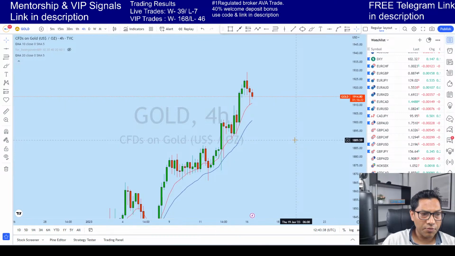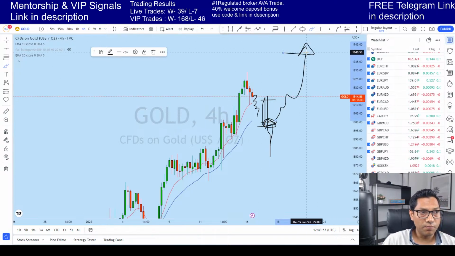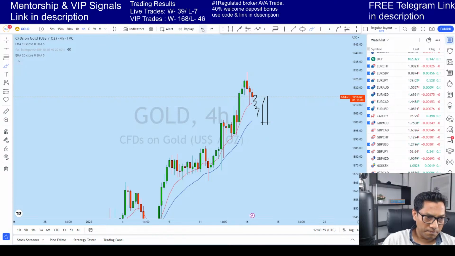To consider an uptrend, what we need is, for example, a smaller doji candle and then a strong bullish engulfer, or a very strong rejection from this bottom with very strong bullish price action, which could give us a potential bullish setup.